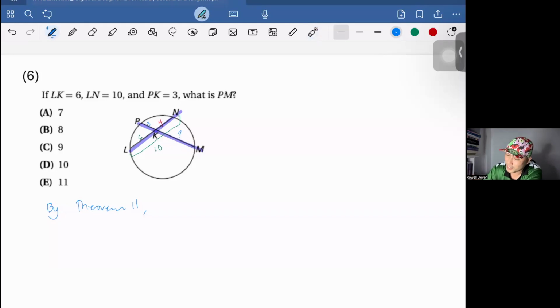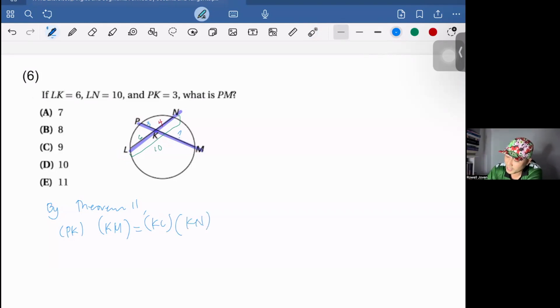So by theorem 11, we know that PK times KM is equal to what? The product of the lengths of the chords of one segment is equal to the product of the lengths of the chords of the other segment. Therefore, PK times KM is just equal to KL times KN or NK.